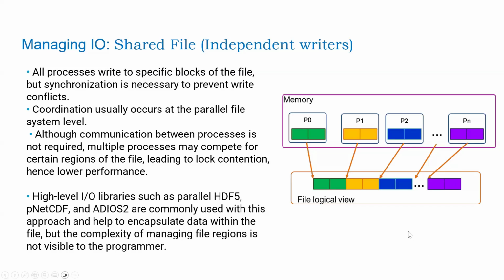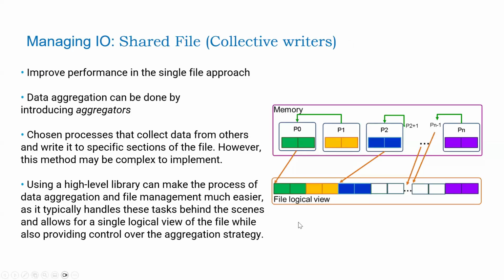Okay. And then, more advanced, we certainly still have the shared I/O and the shared file system, file. And this time they do collective writes. Collective writes are not where each processor individually does it.